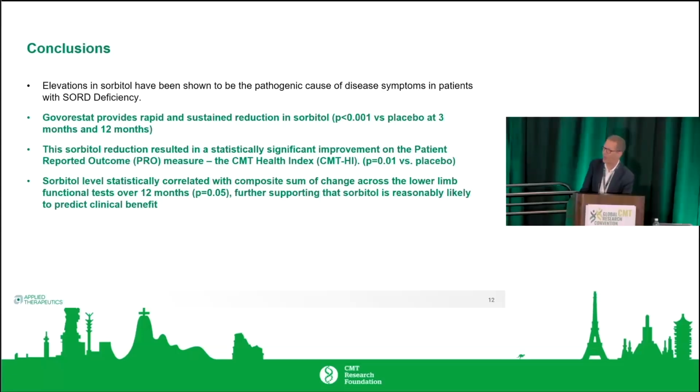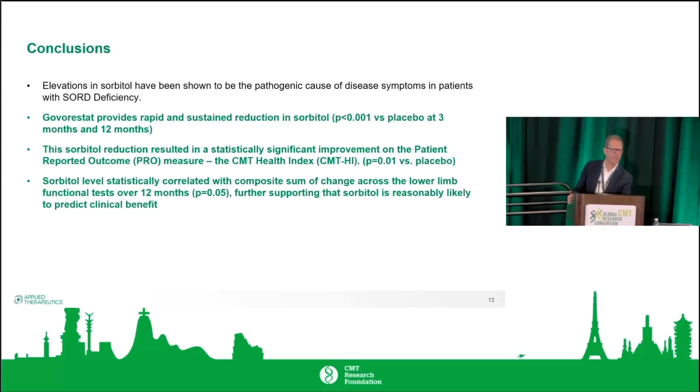That's a critical question, right? So these patients have levels that are astronomically higher than healthy volunteers. Do we need to take them to the level of healthy volunteers? The animal model suggests that a level of reduction greater than 30% in the knockout animal model is sufficient to rescue the phenotype.